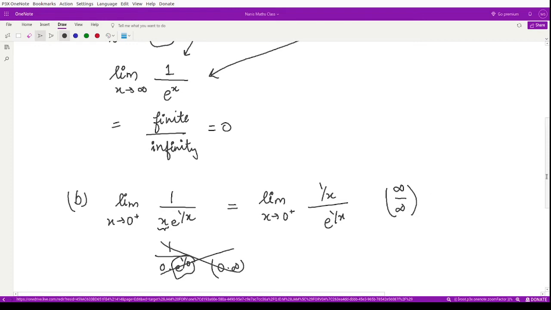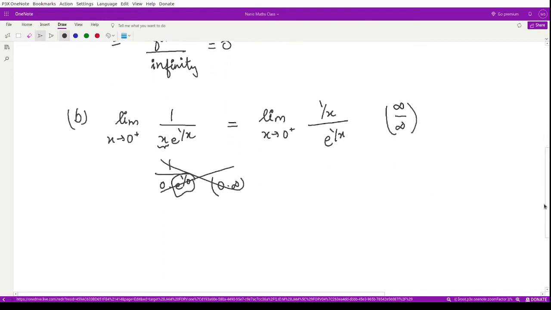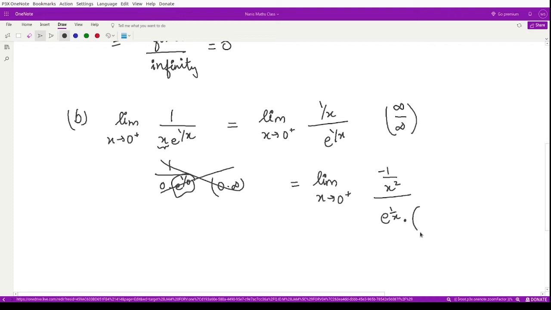So here we could apply L'Hopital's rule. According to L'Hopital's rule, what does your limit become? The derivative of 1 by x is minus 1 by x square, and the derivative of e to the power 1 by x is e to the power 1 by x multiplied by the derivative of 1 by x, which is nothing but minus 1 by x square, right?